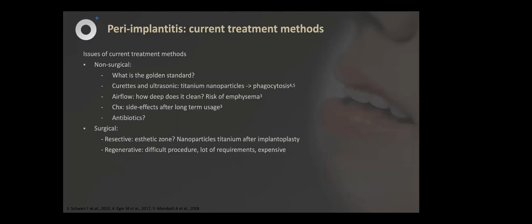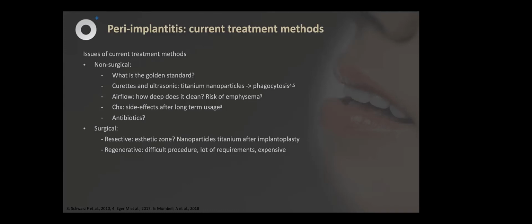If you look at peri-implantitis, then the non-surgical and the surgical phase, as we saw, have some issues. If you look at the non-surgical, what is the gold standard? We don't know. The treatment of the implant surface depends very much on the type of surface we have. Yes, we can use curettes and ultrasonic, but we know that we have titanium nanoparticles, and we might see phagocytosis.